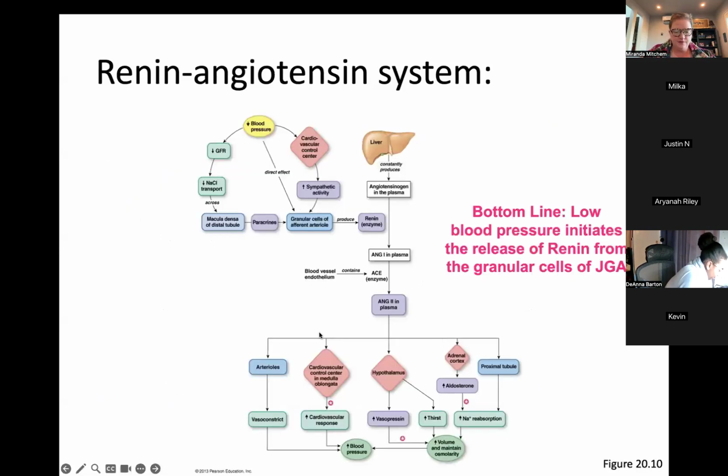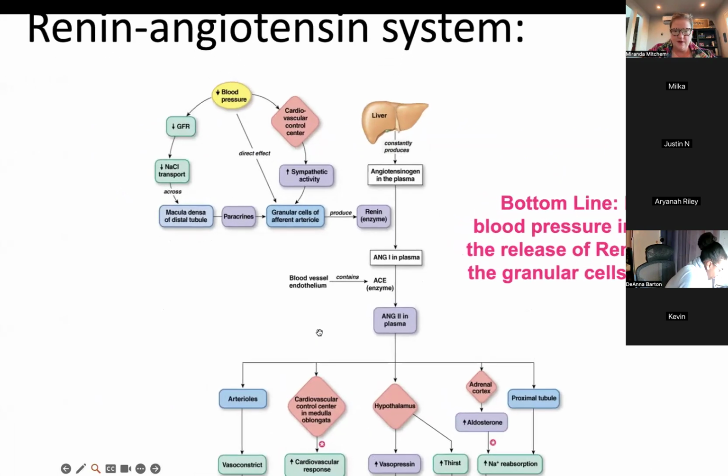Okay, let's see if I can make that bigger. Let's go through this pathway here. Our stimulus in this example is decreased blood pressure. And so our glomerular filtration rate is going to be lower, and that's going to affect the transport of the ions.